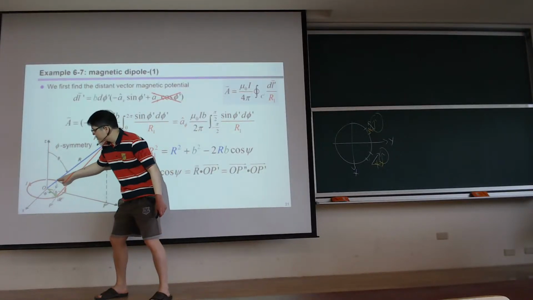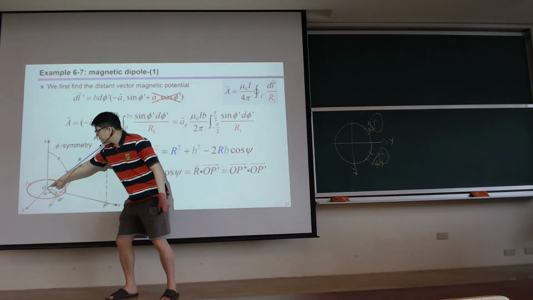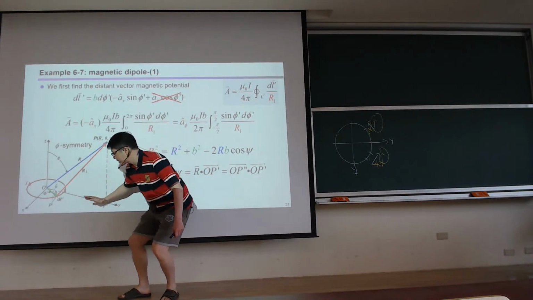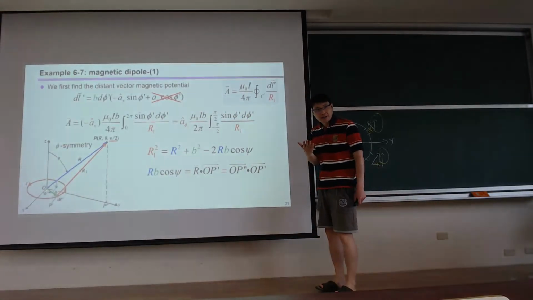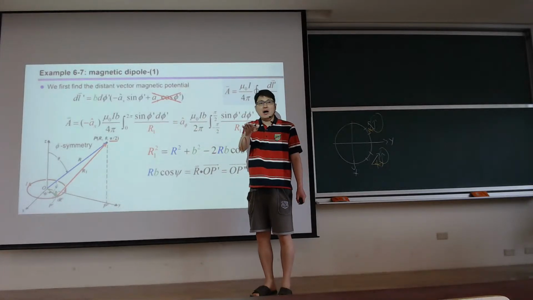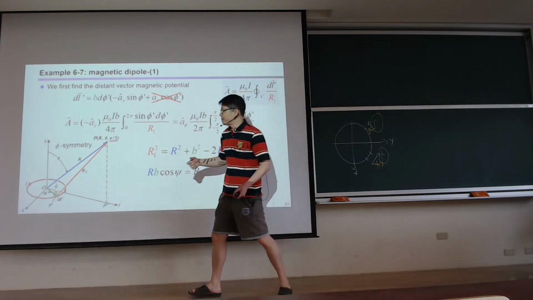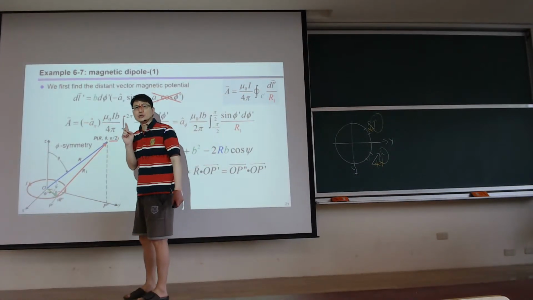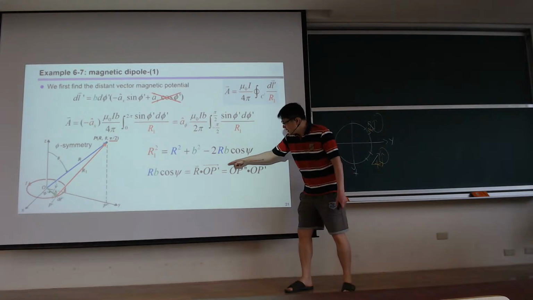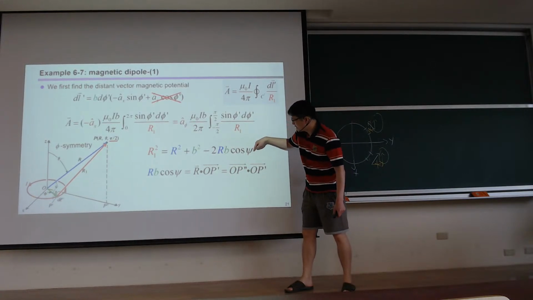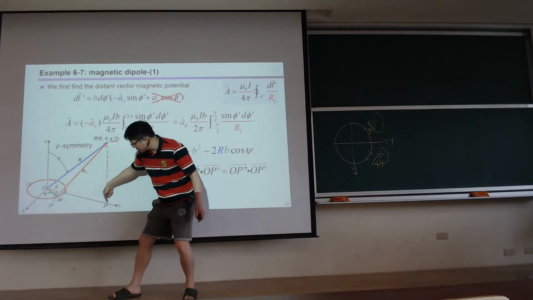Even though psi is difficult to find, the end result will be identical if you take the projection of R onto the xy plane and then make the dot product. Why? Because B is completely on the xy plane. So in making a dot product, the z component contained in R is not contributing. So this term RB cosine psi is equivalent to this vector making a dot product with this vector.